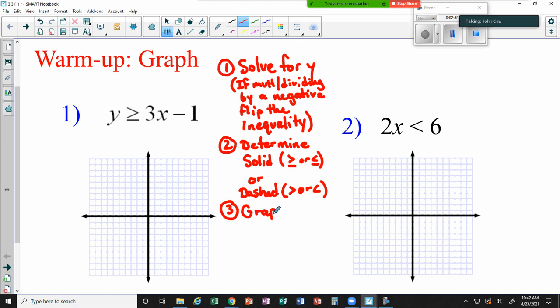So now you graph your boundary line, just like we did with our other lines. Start with your y-intercept, and then you use slope to find more points.